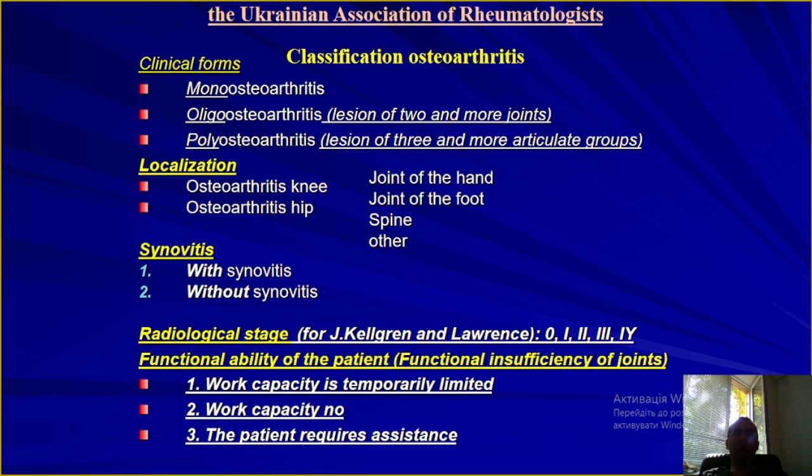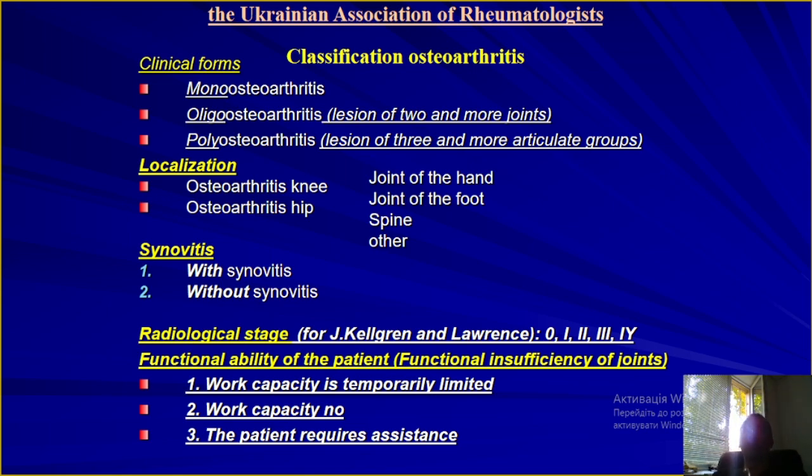According to the Ukrainian classification, which is established by our Ukrainian Association of Rheumatologists, we can divide osteoarthrosis into different classes. It is important because now we will turn to risk factors and you will understand how different risk factors lead to different types of osteoarthrosis.